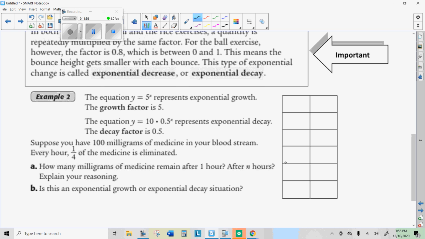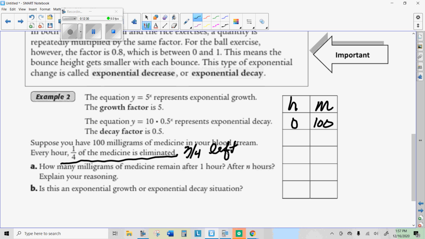So let's put 0 hours. So these are our hours, and this is the medicine remaining here. So at 0 hours, it's going to be however much medicine you took. Okay. So we're going to start with 100. And then every hour, 1/4 of the medicine is eliminated. That means that we're going to be left with 3/4 of the medicine.